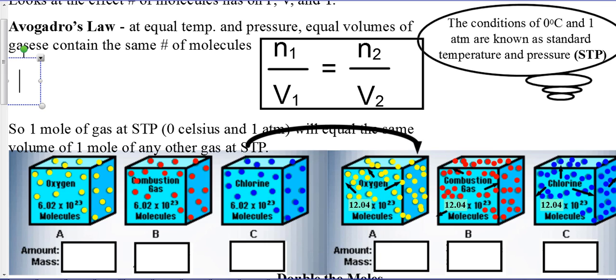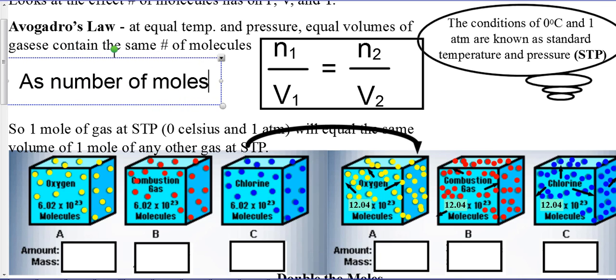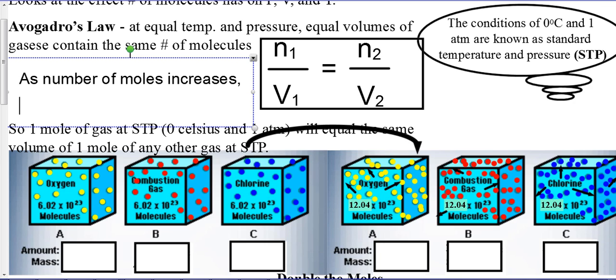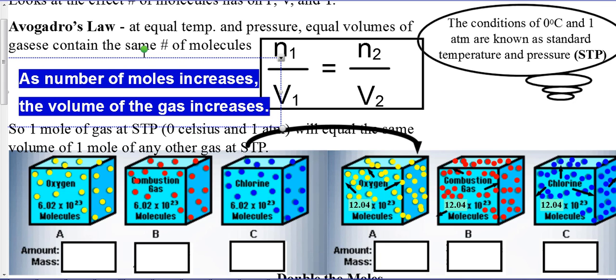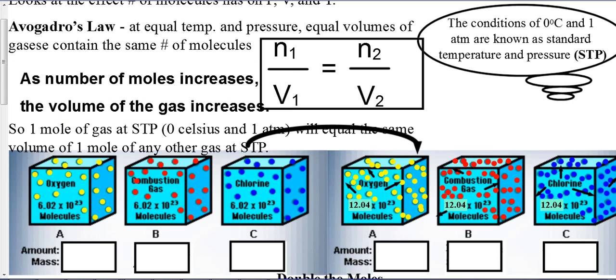Basically what it means is that as the number of moles increases, the volume of the gas increases as well. That's really the important relationship that we're trying to make here with this new law.